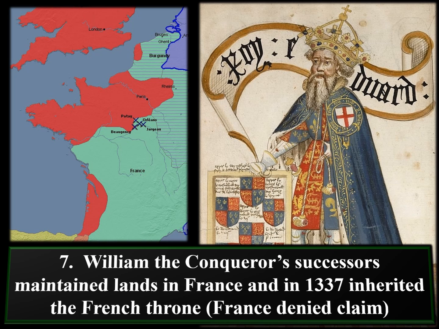This will lead to a massive war called the Hundred Years' War between France and England. King Edward III is the one who is trying to take the throne in France while controlling the throne already in England. He is the successor of William the Conqueror who attempts to do this.